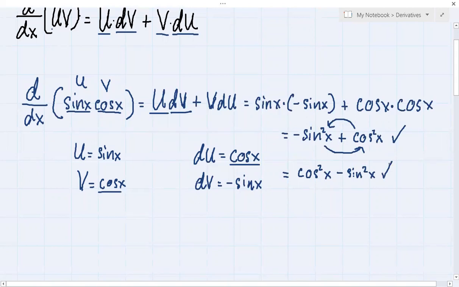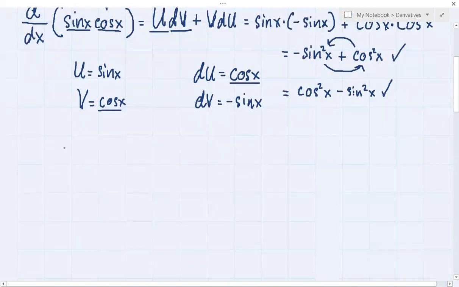However, we can simplify this one. Because ito, si cosine squared x minus sine squared x, this is the same as cosine of 2x. This is one of the double-angle identities. Okay? So, we can simply substitute cosine squared x minus sine squared x as cosine of 2x.